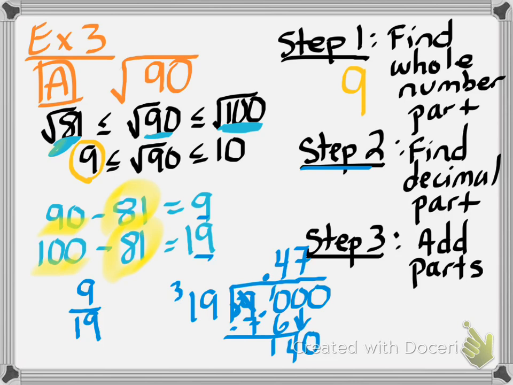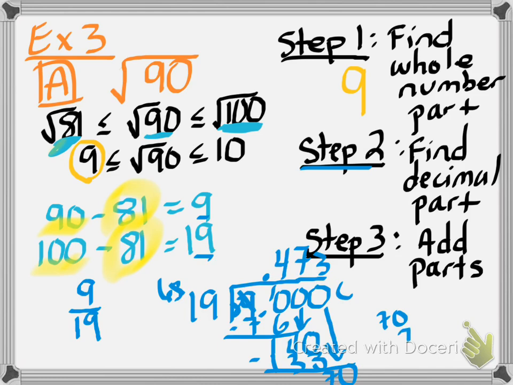19 into 140, let's say 7 times. 7 times 9 is 63. 7 times 1 is 7, plus another 6, that's 13. 7 left. Bring down the 0, 70. 19 goes into 70 3 times.